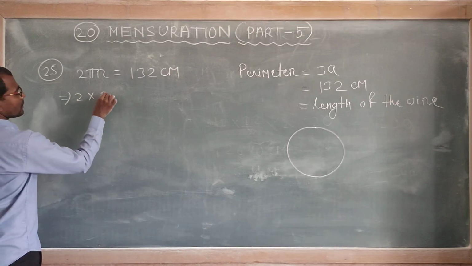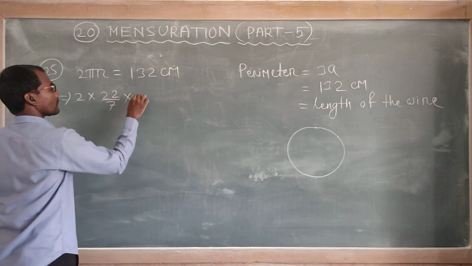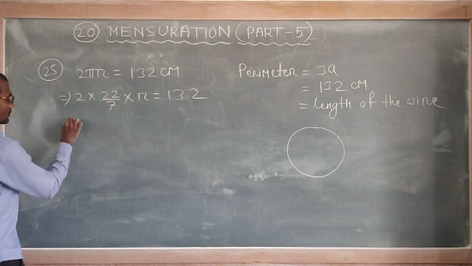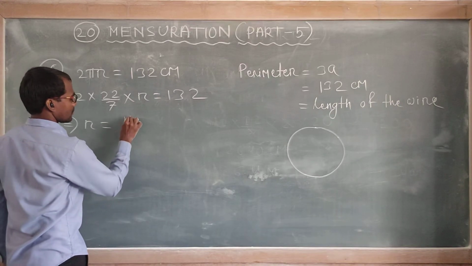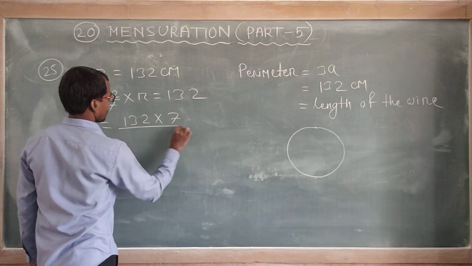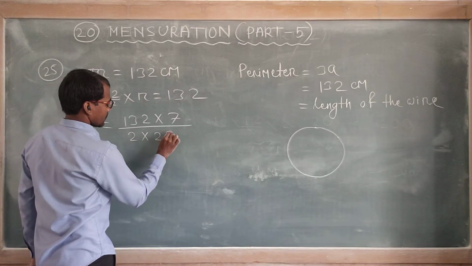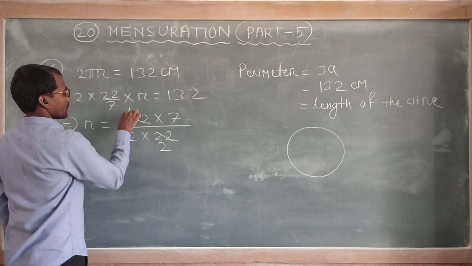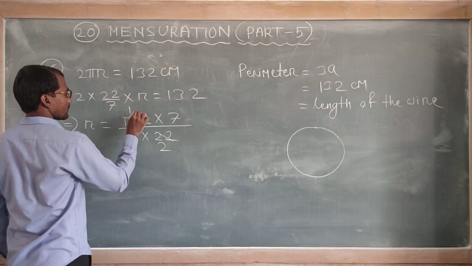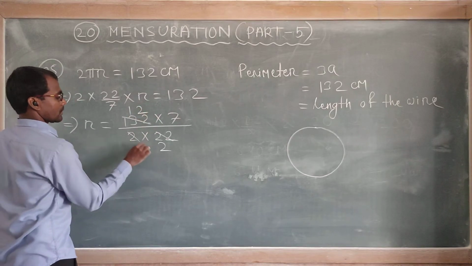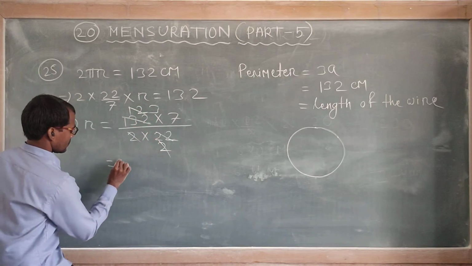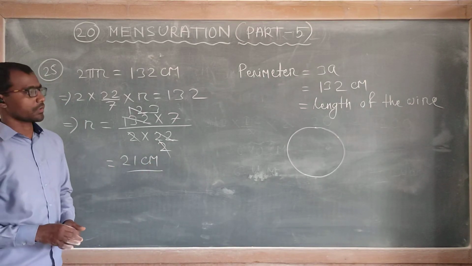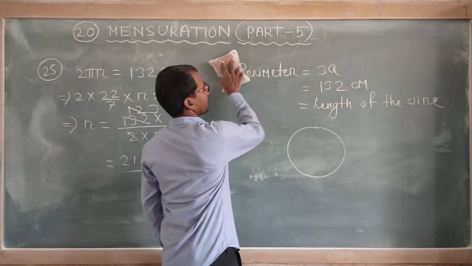So 2 into 22 by 7 into r is 132. So r is equal to 132 into 7 by 2 into 22. 11 2 are 22. 11 1 are 11. 11 2 are 22. 4 3. 21 cm. So radius of the circle is 21 cm. Then we can easily find the area.